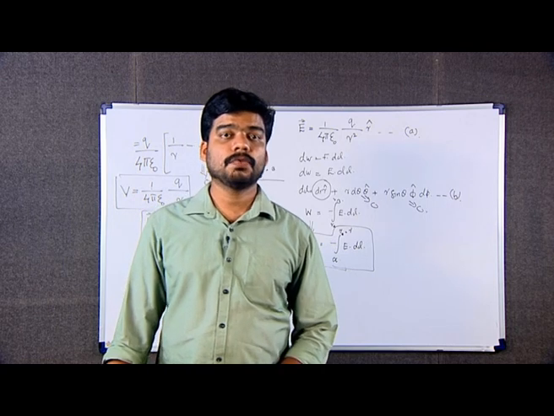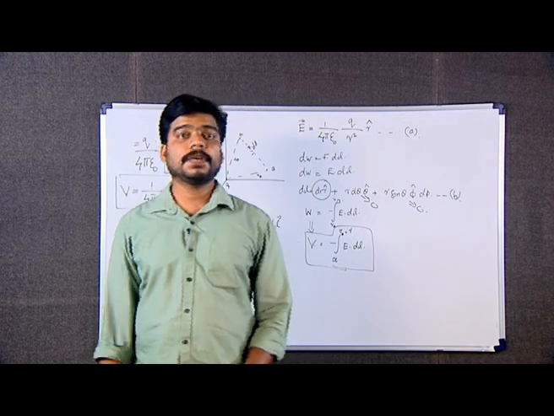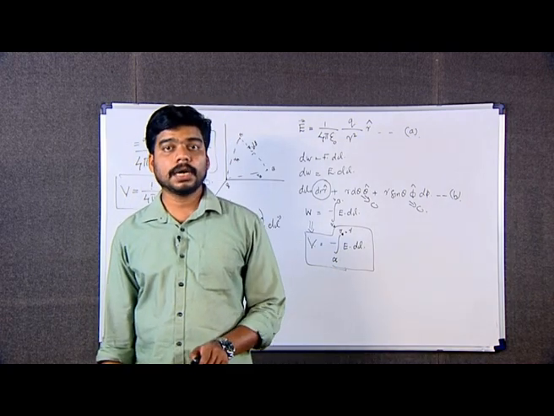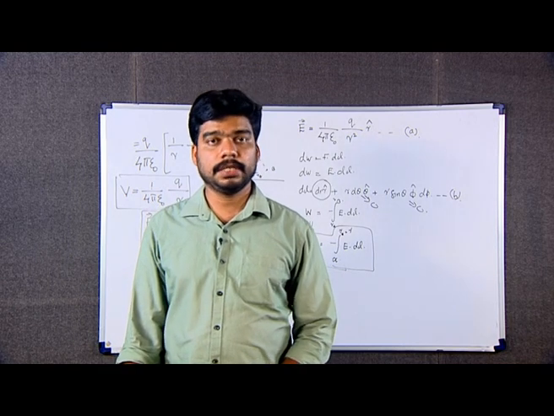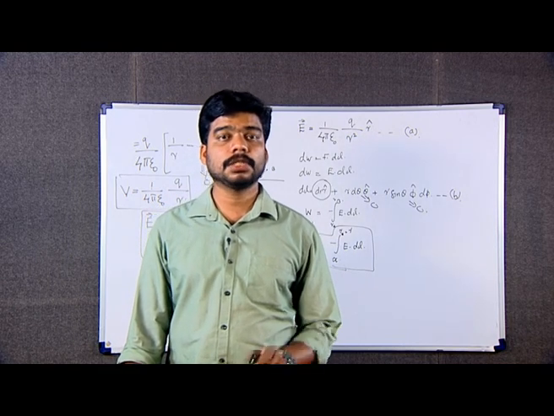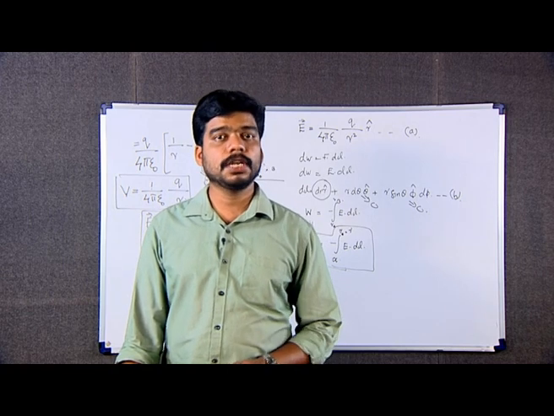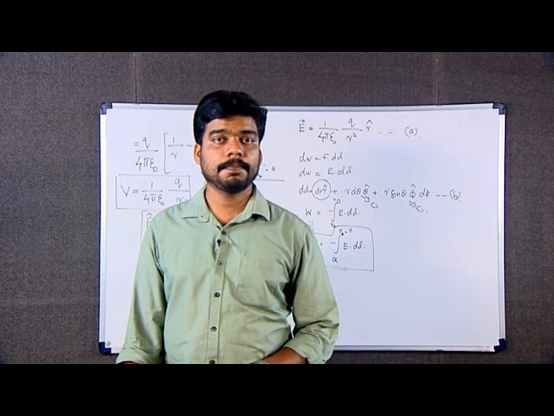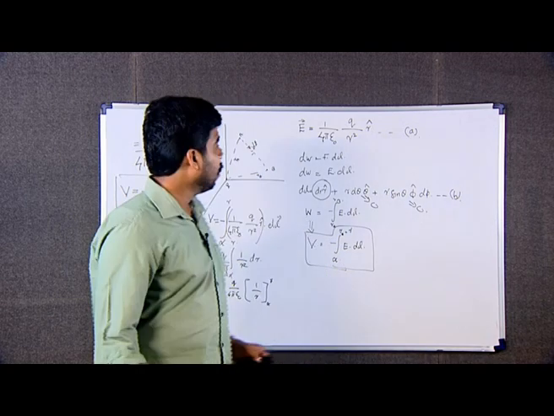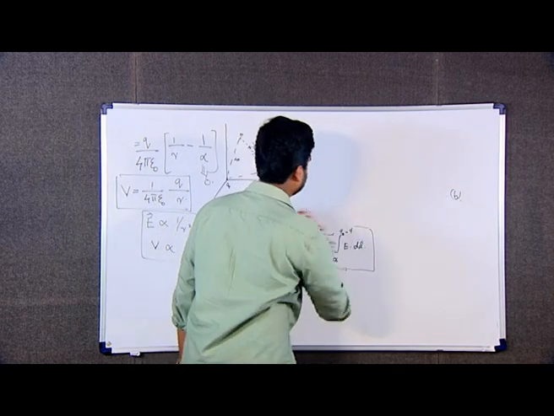Now, we will discuss the potential difference. The potential difference is defined as the work done on a unit positive charge between 2 points. If the unit positive charge is moved from point A to point B, then the potential difference is equal to Vb minus Va.